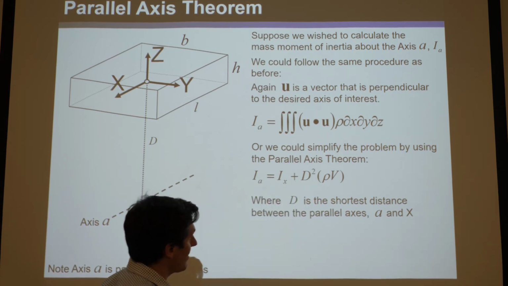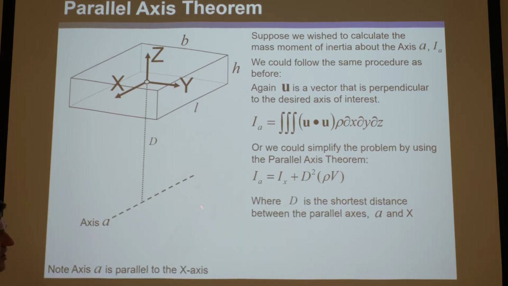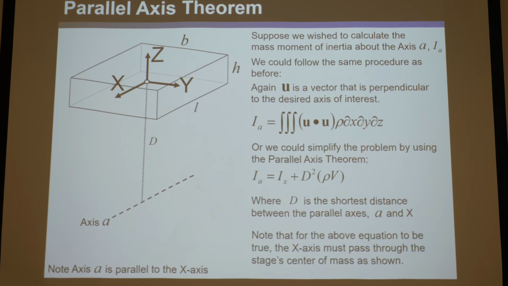So if you know this equation by heart, then you can find the mass moment of inertia about different axes that are parallel to axes that go through the center of mass. So it's a valuable thing. Okay, so that's a little note there.